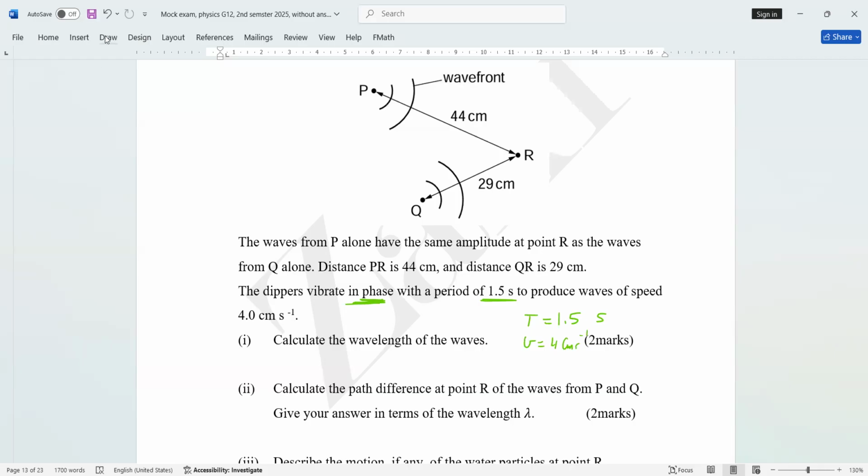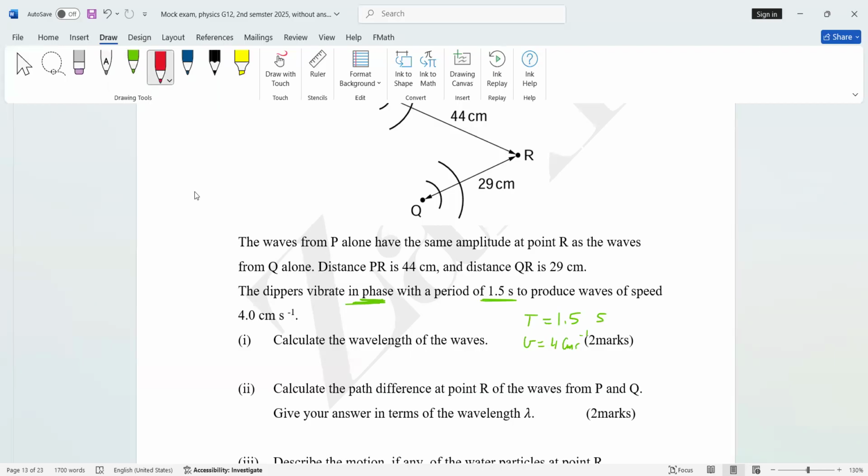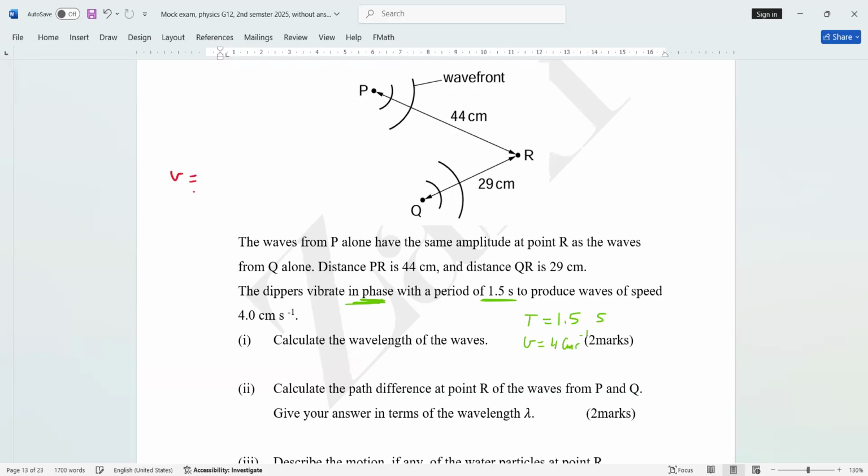Now, V equals lambda multiplied by F, or V equals lambda over the time period. Then we can use this formula, but now we need lambda, so we can rearrange this to get lambda.